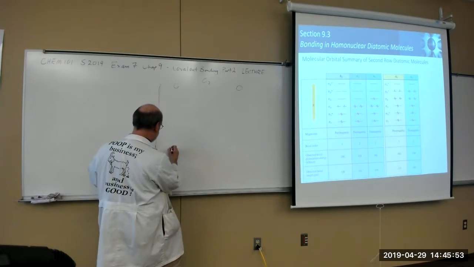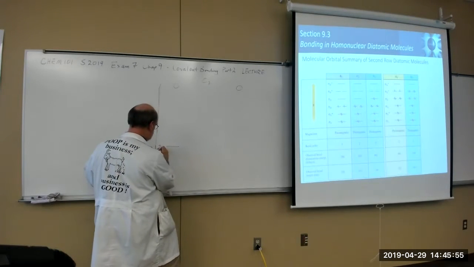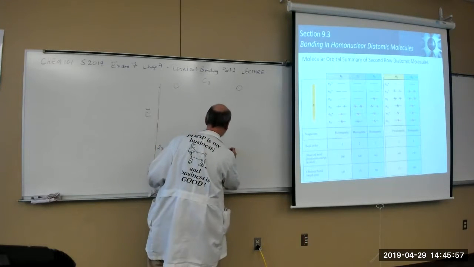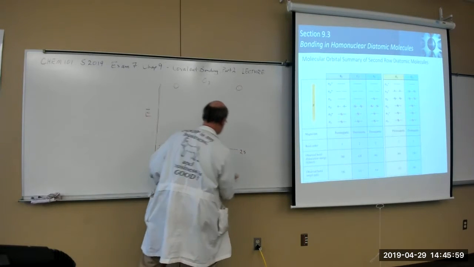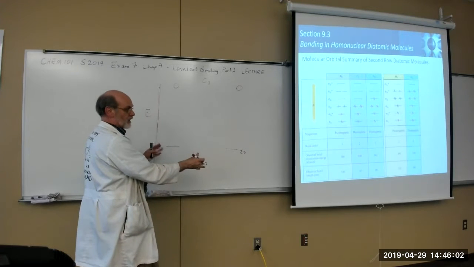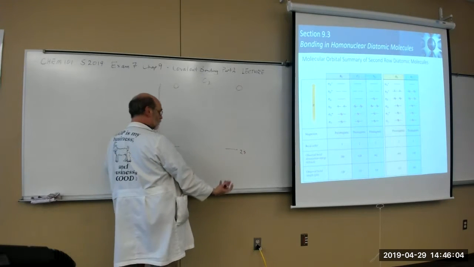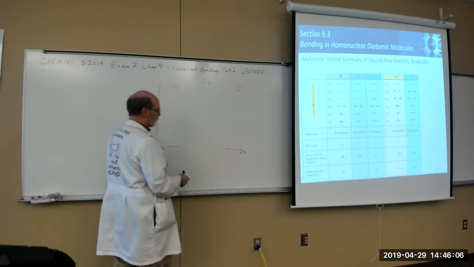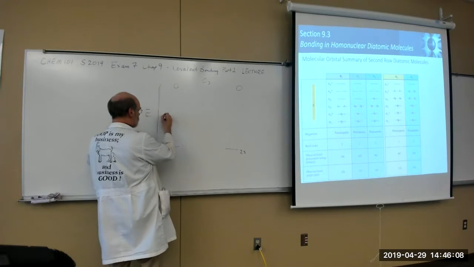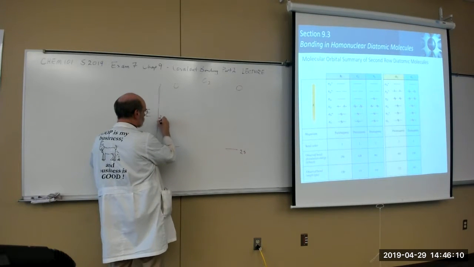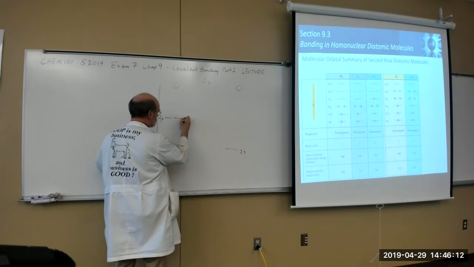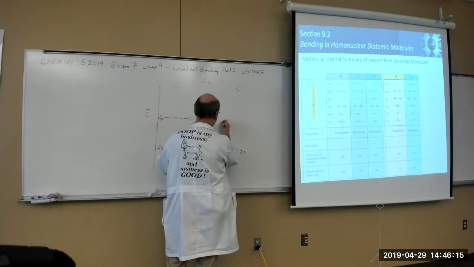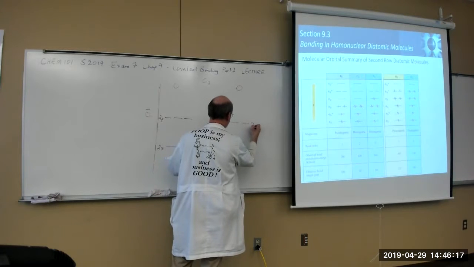Here we've got a 2s and a 2s for this one. Those are atomic orbitals that we're going to use to make molecular orbitals. And then here at a higher energy level are the 2p's: 1, 2, 3; 1, 2, 3.